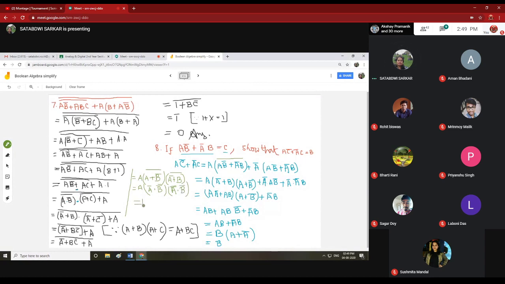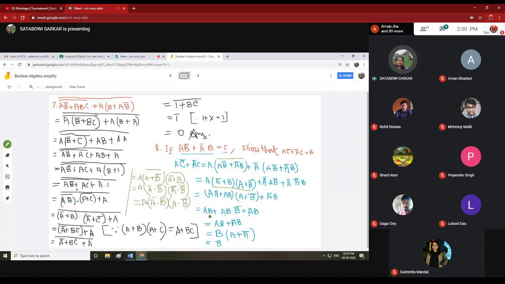So this is A into A bar dot B, and it is A dot B bar. Two steps are jumped. Now it is multiplied: A dot A bar plus A B, and A plus B bar plus A B bar, sorry, A bar B.